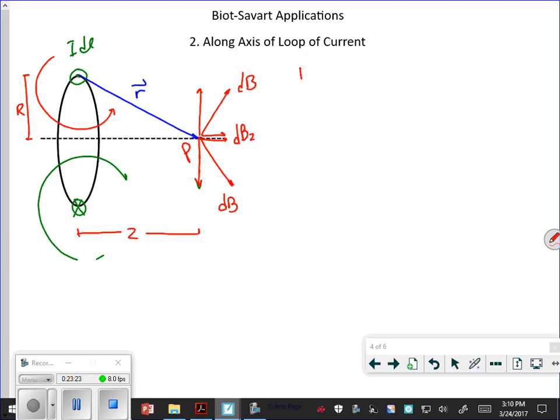So when we want the net field, we've got to add up all the dBz's. If we define an angle here to be theta, then here's 90 minus theta, and here's theta again.